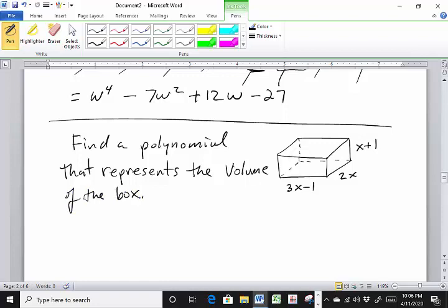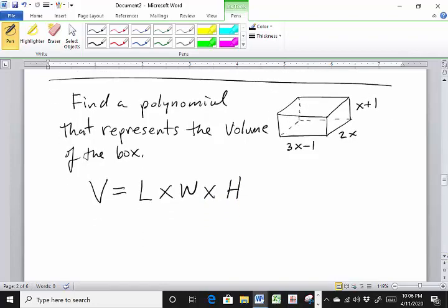Well, we know that a volume of any box is the length times the width times the height. Okay? So just put in what we know. So the length, 3x minus 1, the width, 2x, and the height, x plus 1.